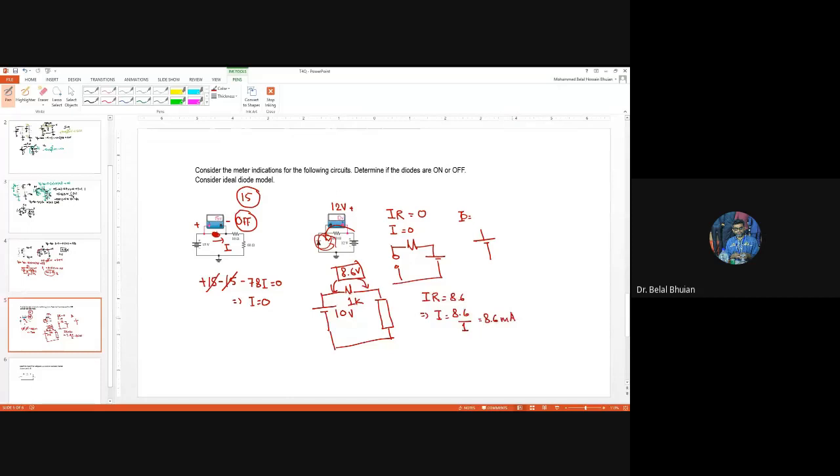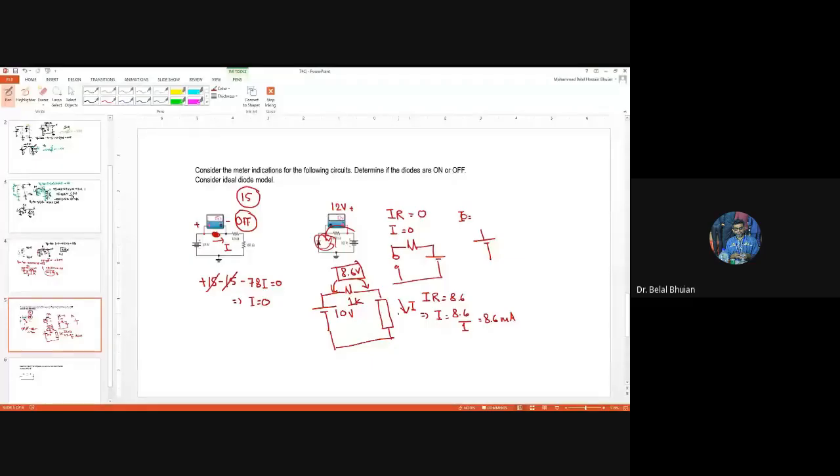So that means a current is flowing. If the current is flowing, there are diodes which are on. And considering silicon diodes, what is the voltage drop across the black box? Let's say the voltage is Vx.